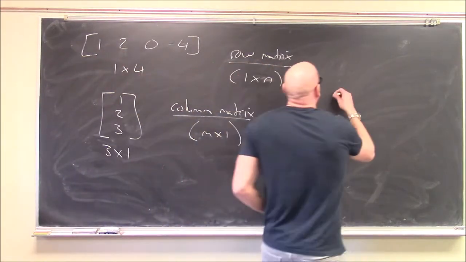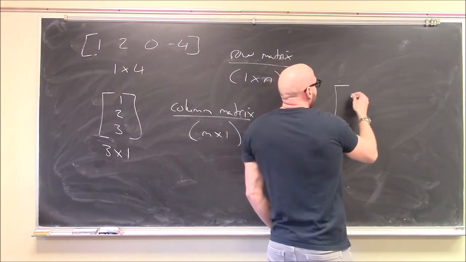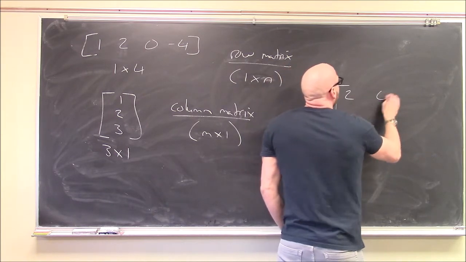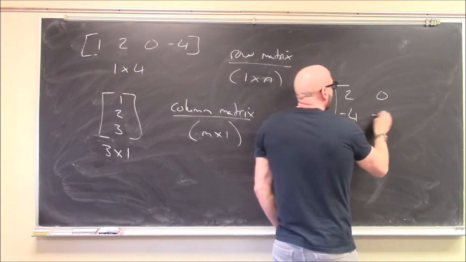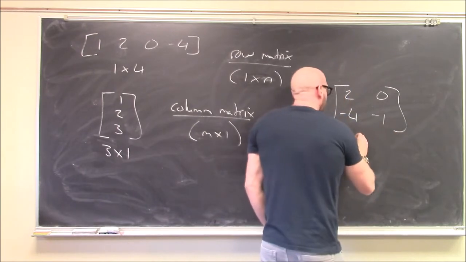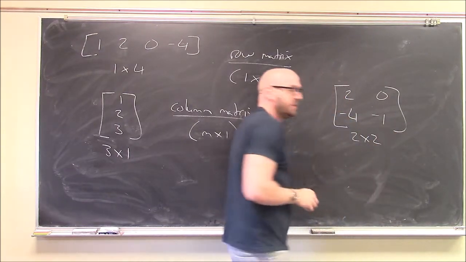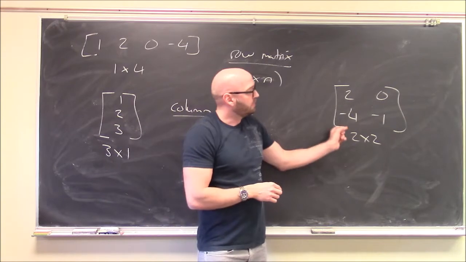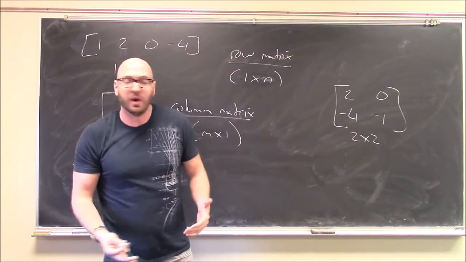And one more thing I'll point out: here's 2, 0, minus 4, minus 1. This is, of course, 2 by 2. Anytime your number of rows and number of columns match up, we often call these square matrices.